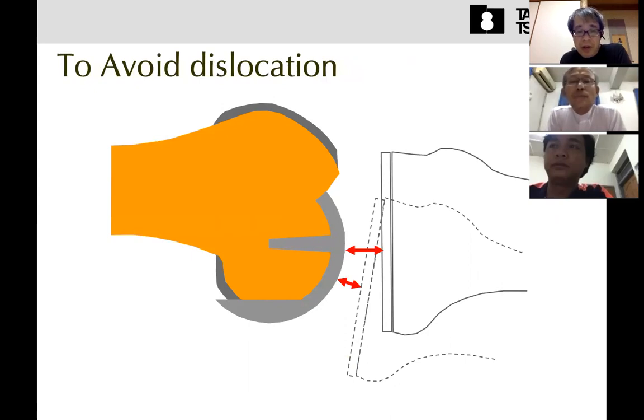Sometimes the posterior capsule is contracted due to flexion contracture. But in fact, some patients have a looser extension gap compared to 20 degrees, so we routinely evaluate the extension gap at both 20 degrees and 10 degrees.